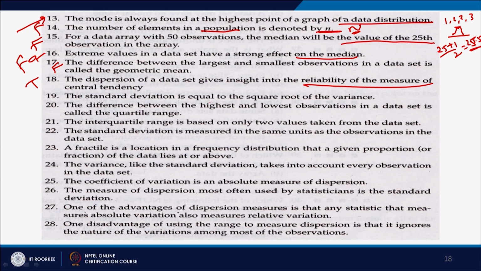The standard deviation is equal to the square root of the variance. Is it correct? Yes. So, the standard deviation sigma is equal to the square root of what? Variance, right.